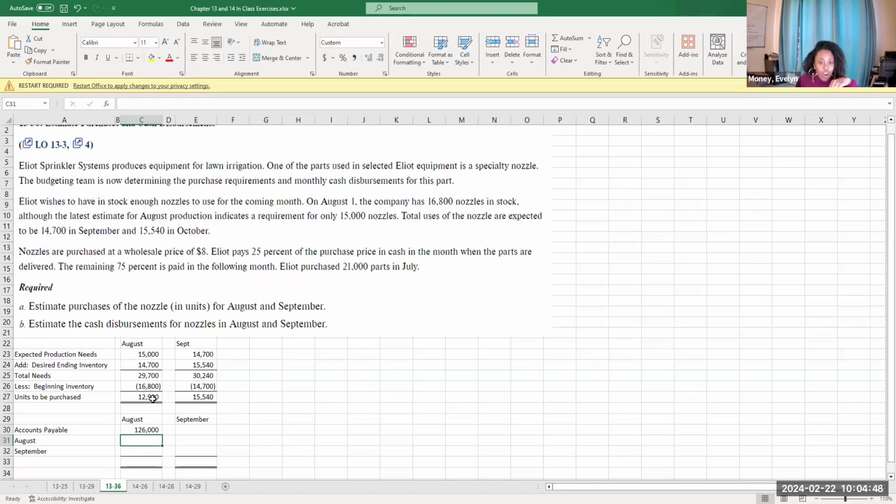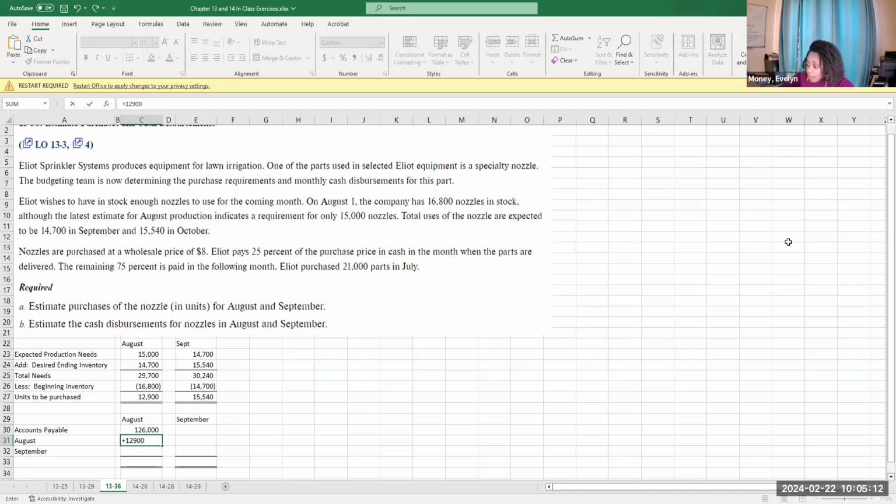Now, let's deal with August, because for August, the magic number that I'm looking for is 12,900. Now, July, that 21,000 parts, if I would have done this materials budget for July, that 21,000 would have been here for July, but I didn't. But for August, I did. So I have my 12,900 as my starting point.